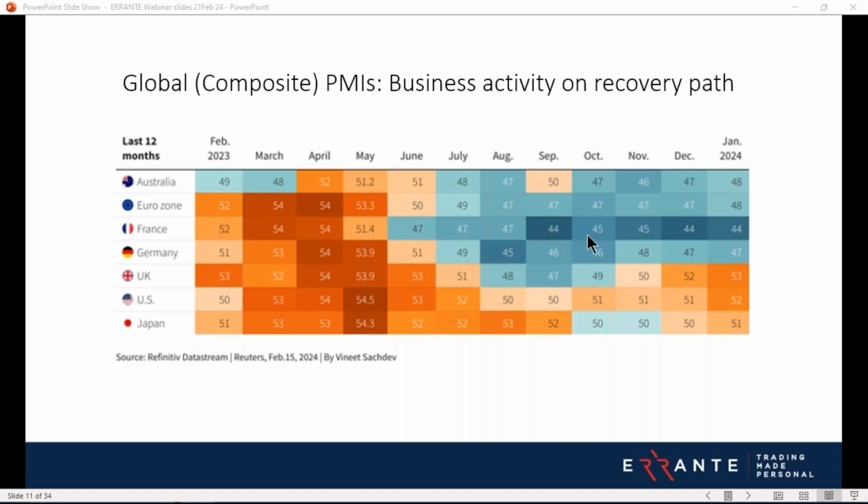But now France is still stuck there, and Germany is slightly picking up. Relative to that, the UK did dip down to 47, but has now picked up very nicely to 53. And the US didn't quite drop below that 50 boom bust level, and is picking up to 52.